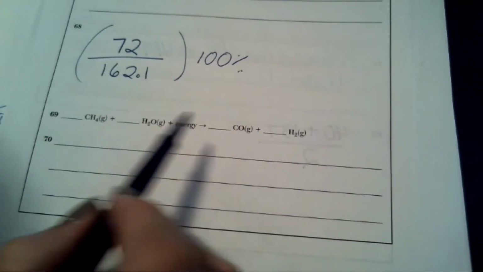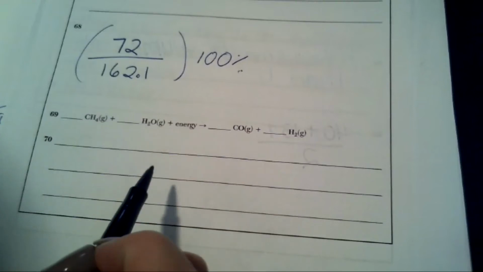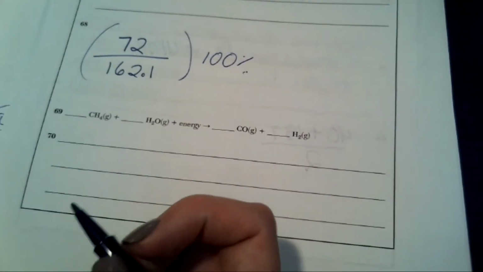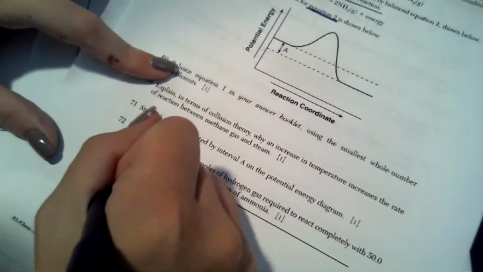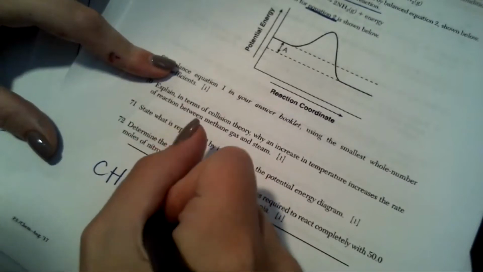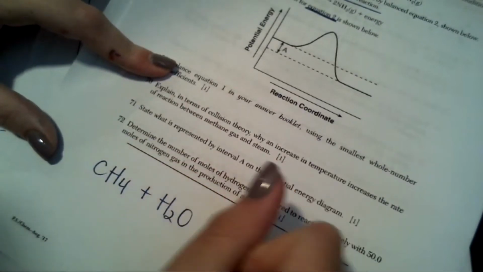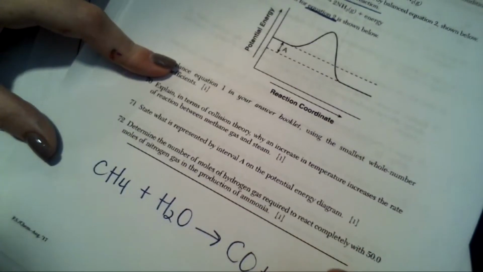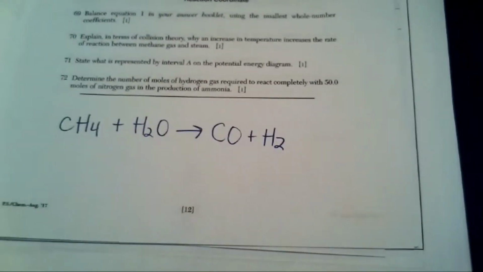So how do we do this? We have 1 carbon on each side, which is good. If you wanted to, on your test booklet, I'm going to do it: CH4 and H2O, CO and H2, and this is how I've always done it.